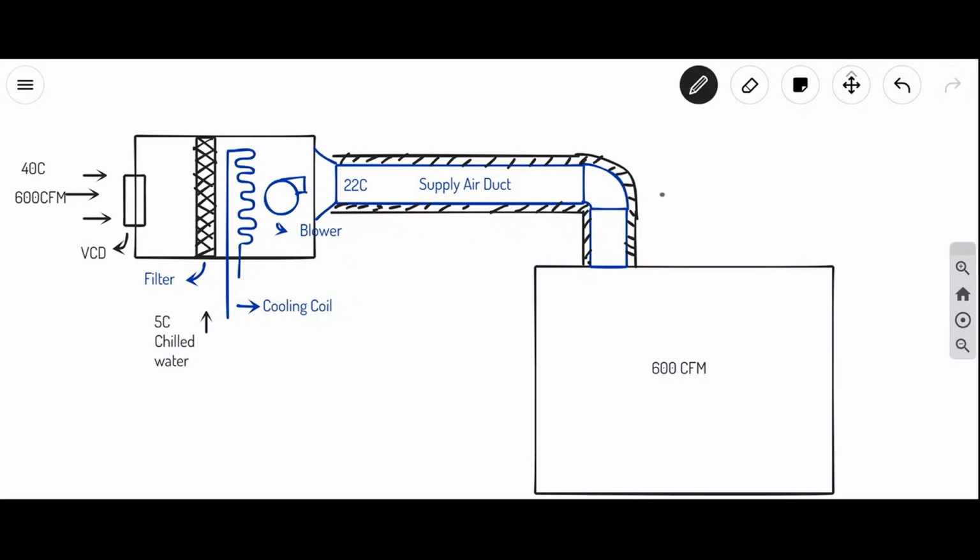Okay, so we have an insulation. Now as we have an insulation, we are throwing this air from here to here and it is coming to the room. Will this air make you comfort?